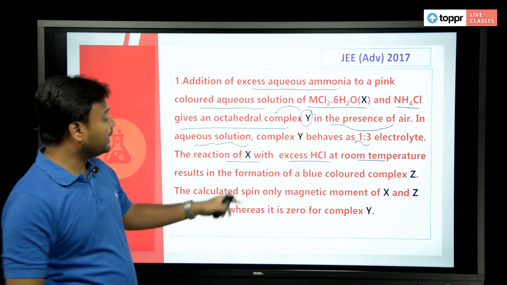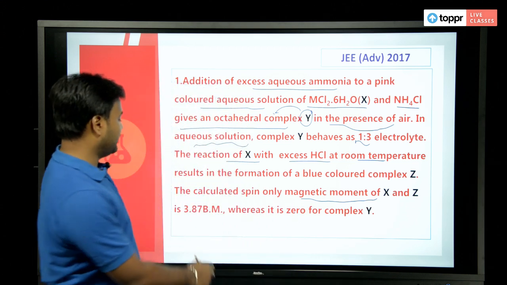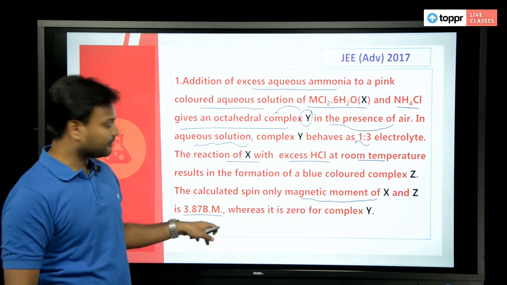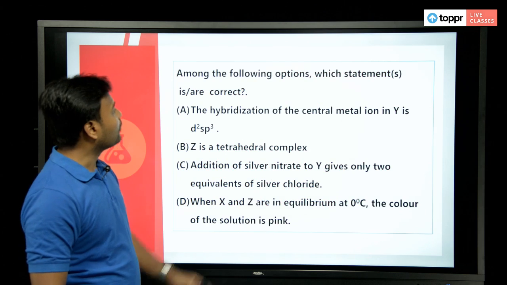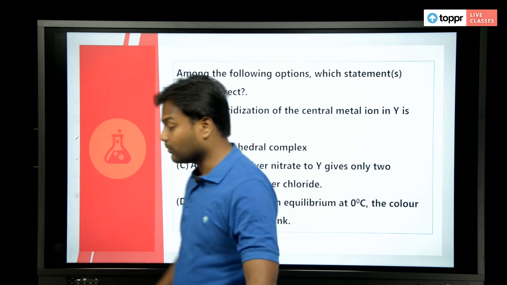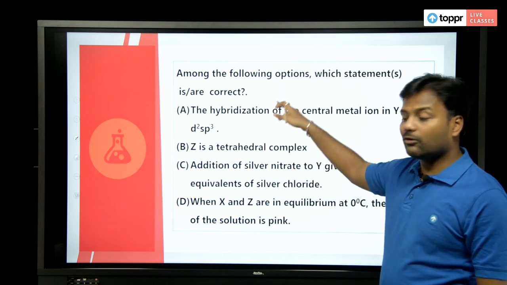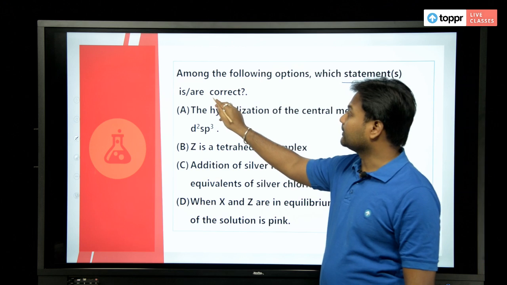The calculated spin only magnetic moment of X and Z is 3.87 Bohr magnetons, whereas it is 0 for complex Y. Now what are we going to find out here? Among the following options, which statement is correct?